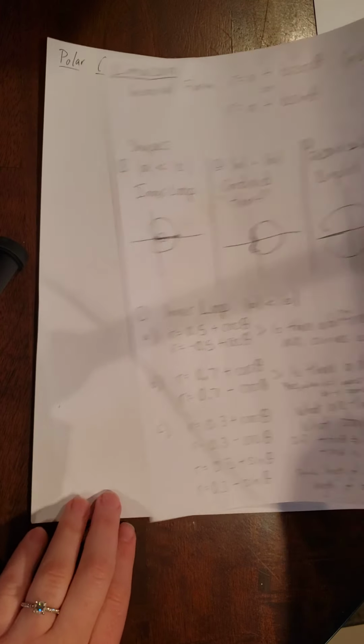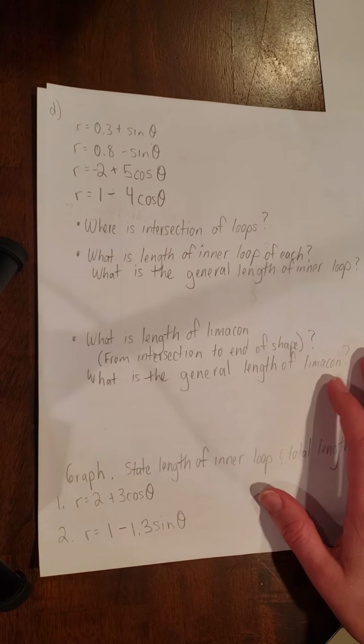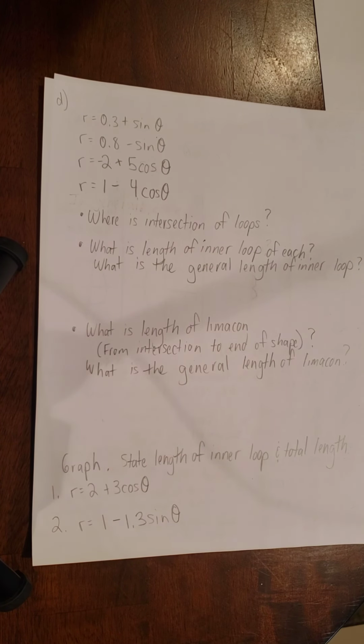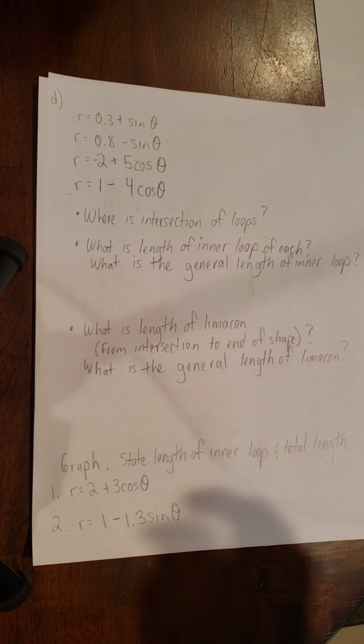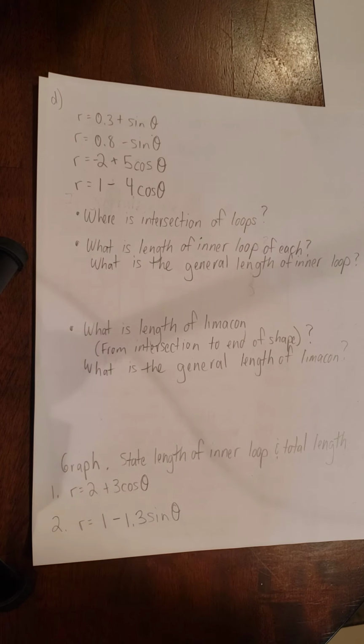I've got a few more for you to graph and a few questions to answer. Then we'll be able to graph these two Limaçons. So what I want you to put onto Desmos right now are these four. What we're going to look at is: where is the intersection of the loops for all four? What is the length of the inner loop for each of these?